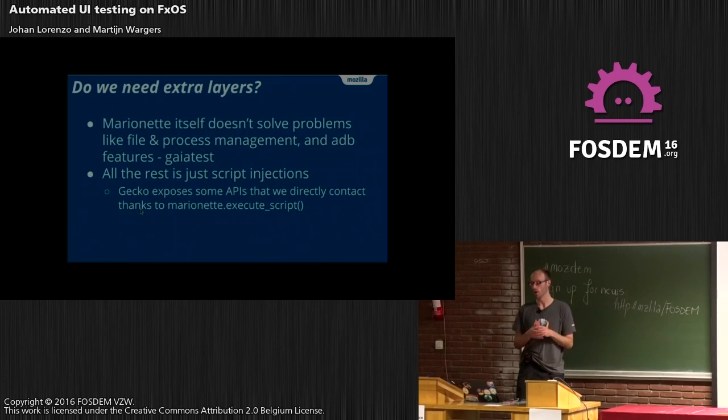We still need some extra features and context. So we can also do execute script if we need to add DOM properties or things that Marionette can't do. That's what we use if Marionette is lacking.